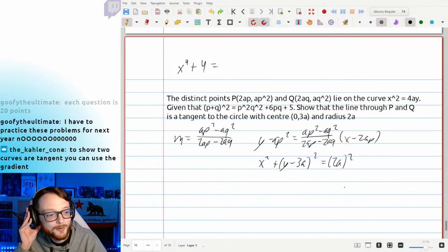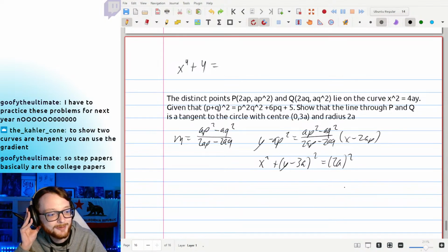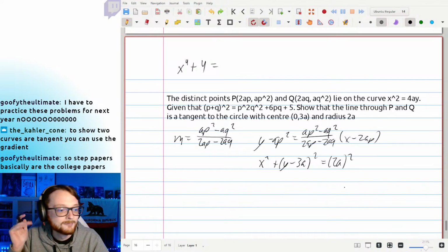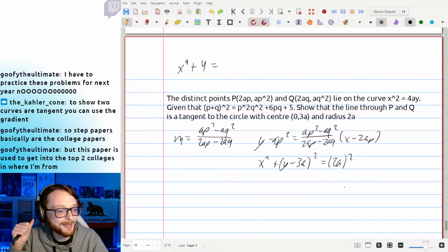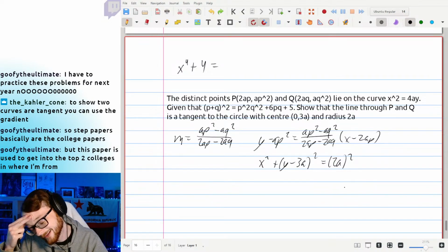Series based on the college papers. Like, to get into college? Use the gradient. Really, color code? You have to do this to get into one of the top two colleges. Wow.